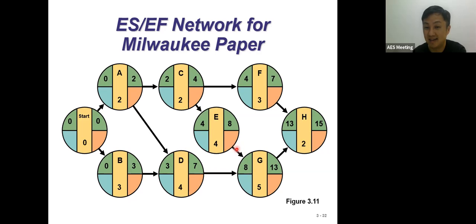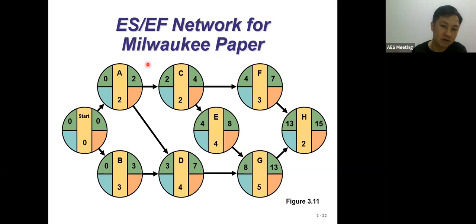The arrow points to activity E, and the arrow points to activity D. We have the earliest finish, which is 8 for activity E and 7 for activity D. So which one should we go with? Definitely 8. Why go for 8? Because by 8 weeks, your activity D is already completed and your activity E is also completed. So G can start in week 8. 8 plus 5 is 13.